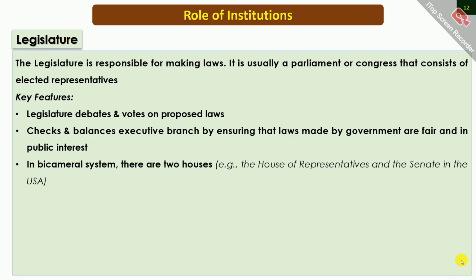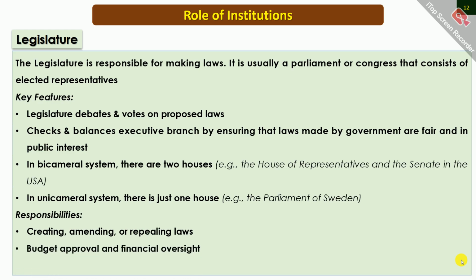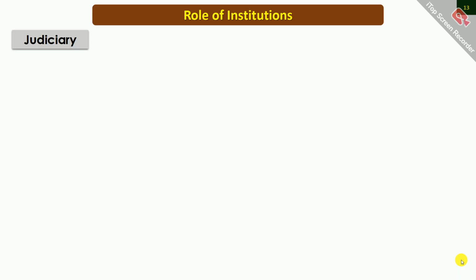In a bicameral system, there are two houses, the House of Representatives and the Senate, for example, in USA. In a unicameral system, there is just one house, the parliament, like in Sweden. Responsibilities include creating, amending, and repealing laws, budget approval and financial oversight, and representing the people by discussing public issues and concerns.